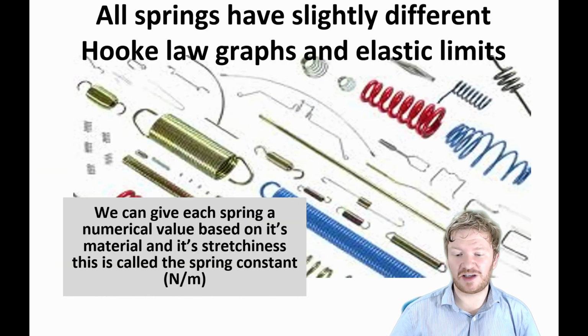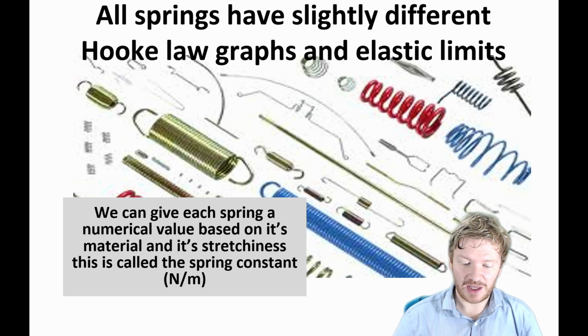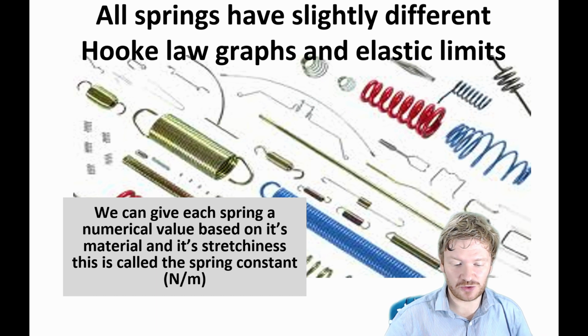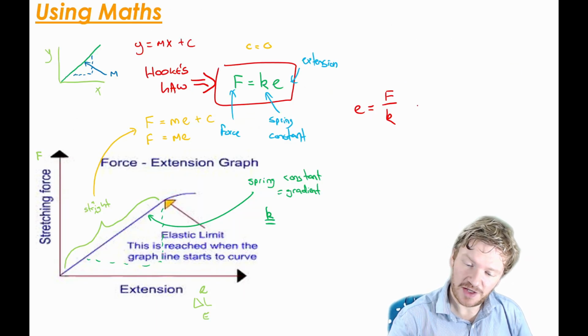So all springs have slightly different Hooke's law graphs, and they all have different elastic limits. And we give it a number based on its stretchiness, called the spring constant. Now if you look at this, this is a force divided by, let's rearrange it.